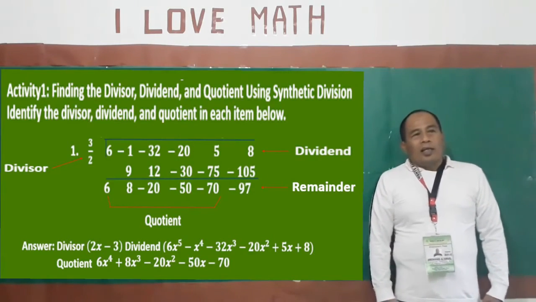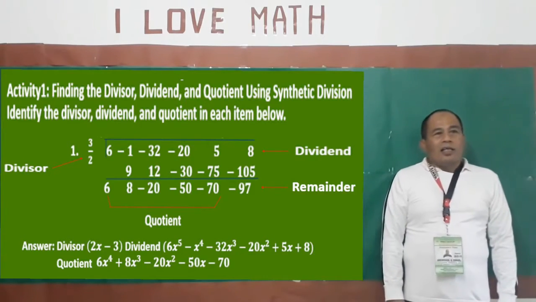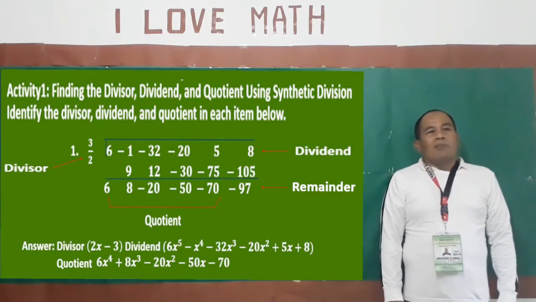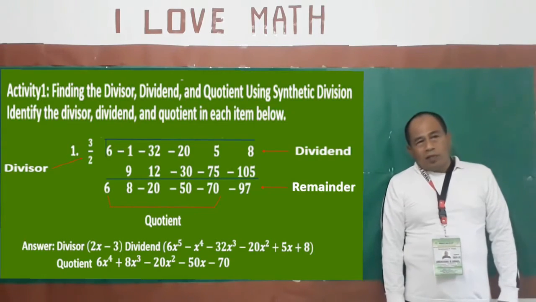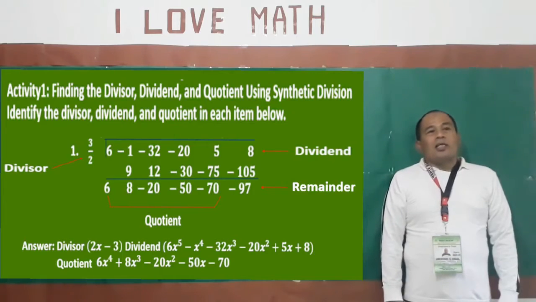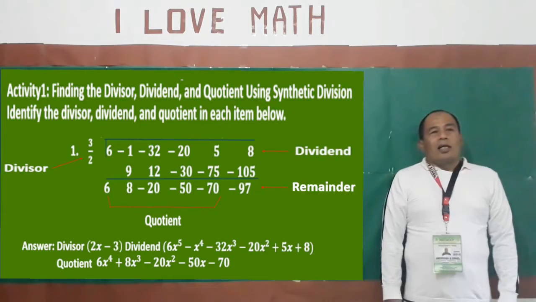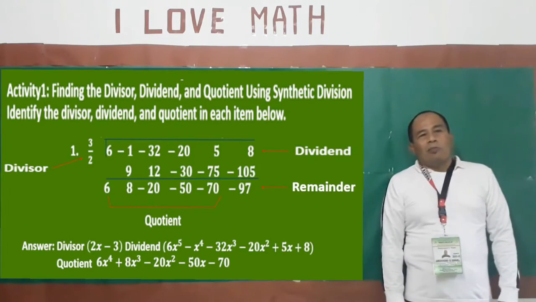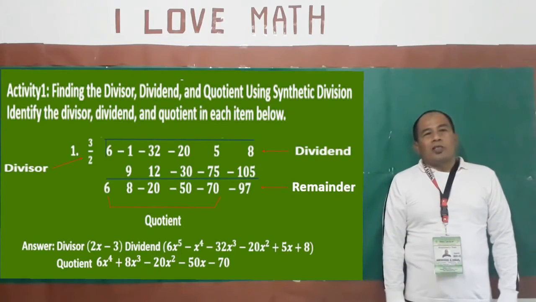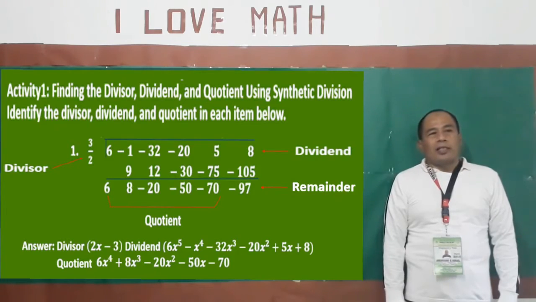You can see the answer: the divisor is 2x minus 3, and the dividend is 6x to the power of 5 minus x to the 4 minus 32x cubed minus 20x squared plus 5x plus 8.